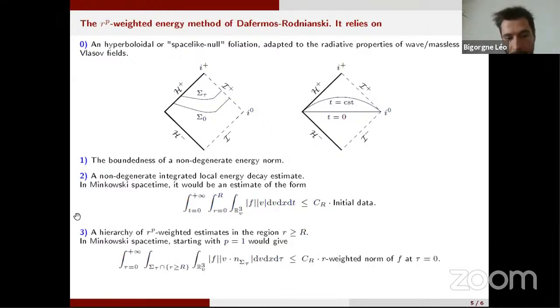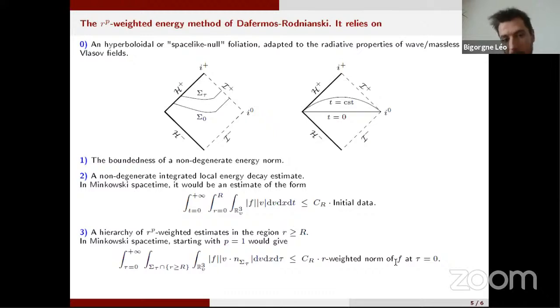And finally, we need to prove and exploit a hierarchy of r-weighted estimates in the faraway region, so for large r. For instance, if we start with p equal 1, we would obtain an estimate on a space-time integral of f over a region of large r, which is bounded by a weighted initial norm of f.